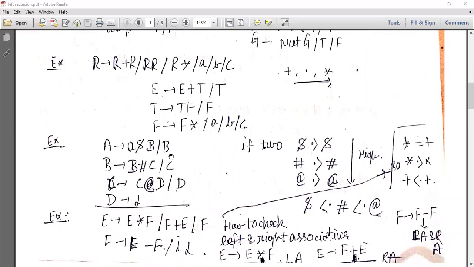Now we take care of this part. How to define the precedence, right? Now the dollar symbol: is the dollar symbol higher precedence or not? So if A tends to small a or capital B or capital B, now the question is, when two dollar symbols occur, how to check which is left associative or right associative?